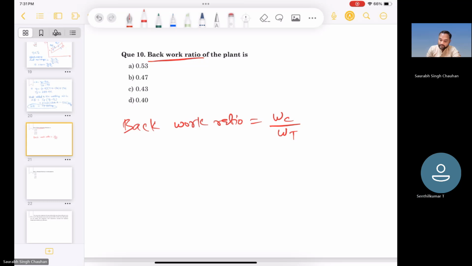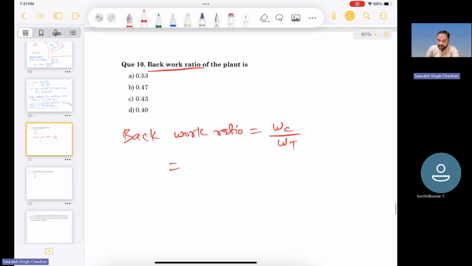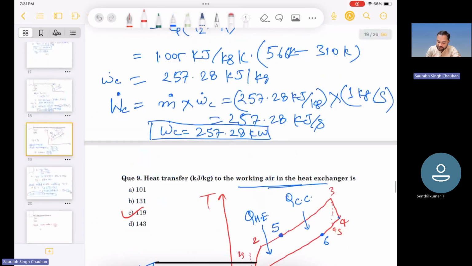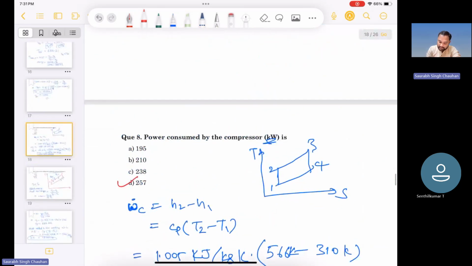So how to calculate this? This is very simple. WC we already have, the compressor work input. In the first question, I think we calculated power consumed by the compressor, 257, and the work output of the turbine we can also get, right? Have we calculated the work output of the turbine?